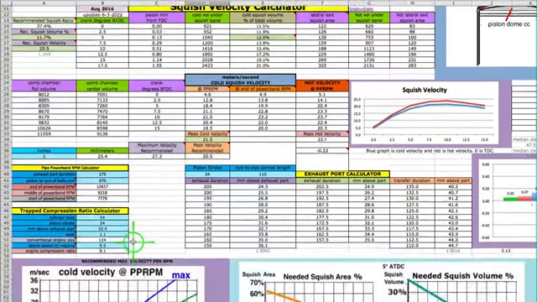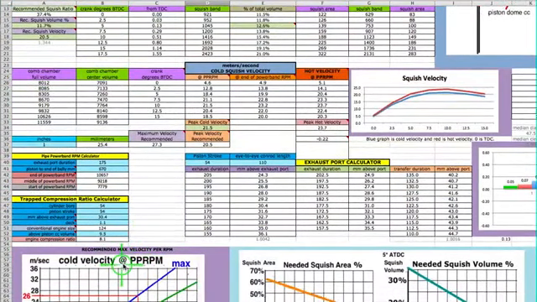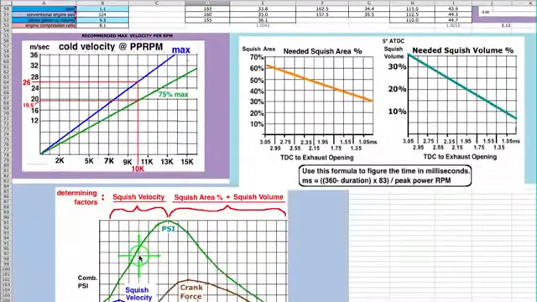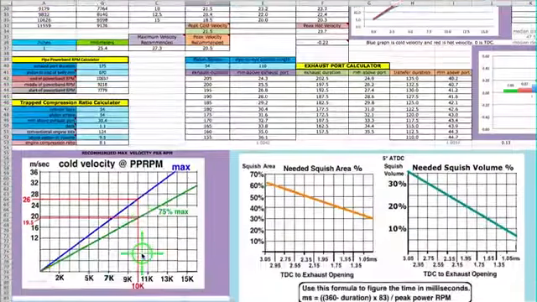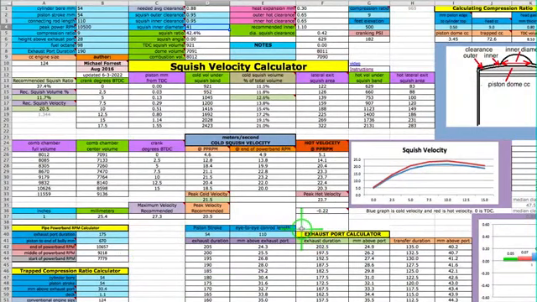And the conversion from, where is that? I think I've got an inch to millimeter conversion. Oh, yeah, here it is. And the conversion of that from inches to millimeters is right here. You enter the inches, and it'll show you how many millimeters it is.